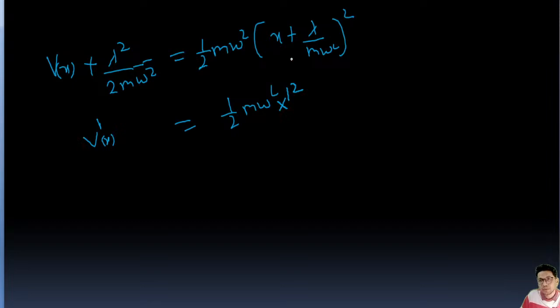So this term we say this is the x dash and this is the v dash. Okay, so this is the one, right? Now this is in the form of like this: half m omega square x dash square, right?